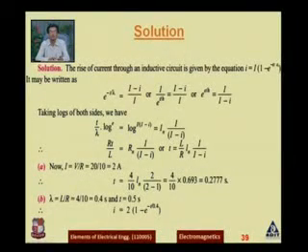As we know, the rise of current through an inductive circuit is found by the equation i is equal to I (maximum) in bracket 1 minus e raised to minus t divided by lambda.